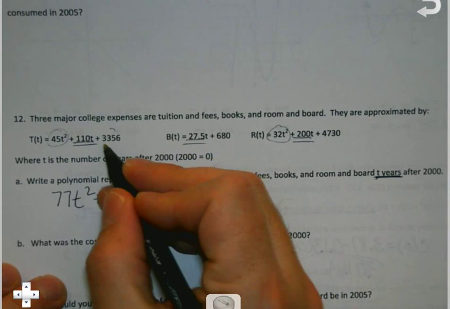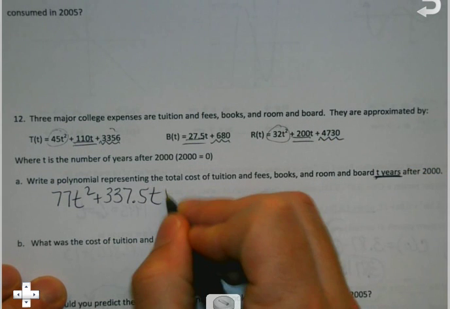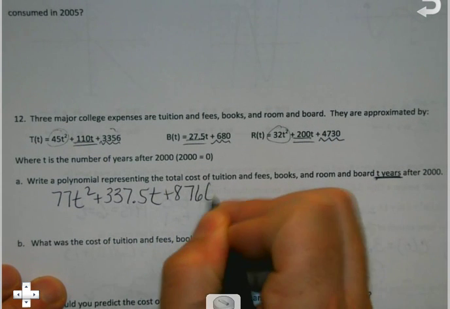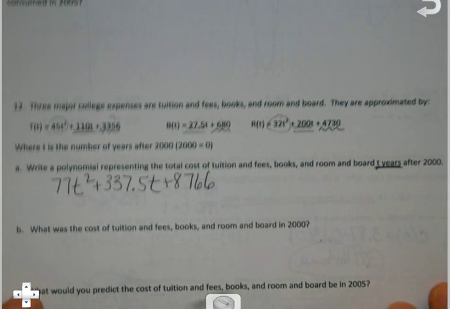And I'm going to take my constant terms, my numbers, and put them together. That would represent my polynomial. So no matter what year I gave you that occurred after 2000, I could plug that in for t, and then that would tell me what this particular cost is going to be.